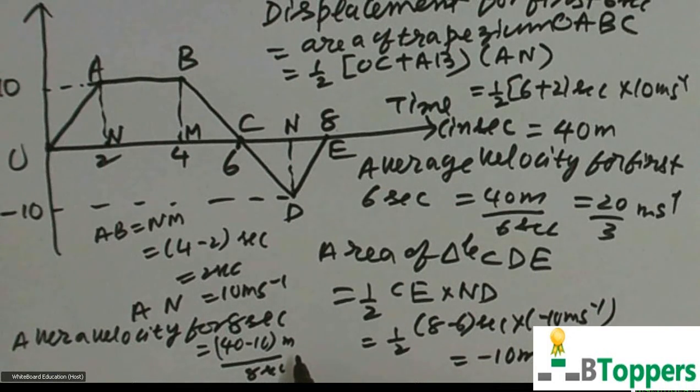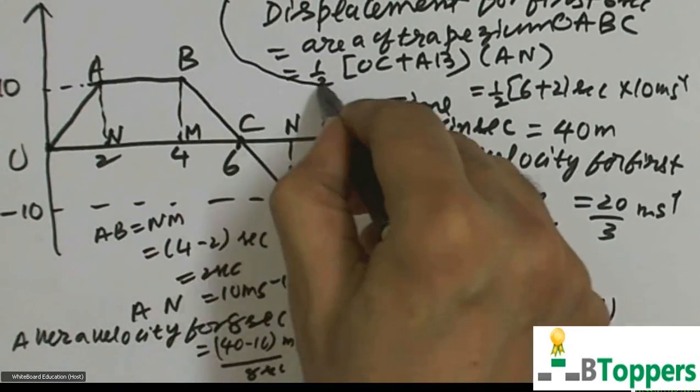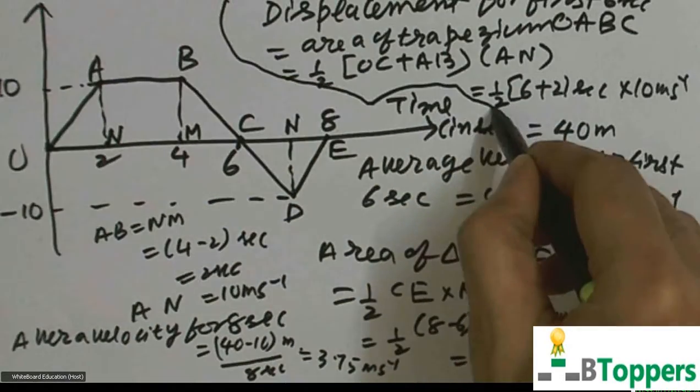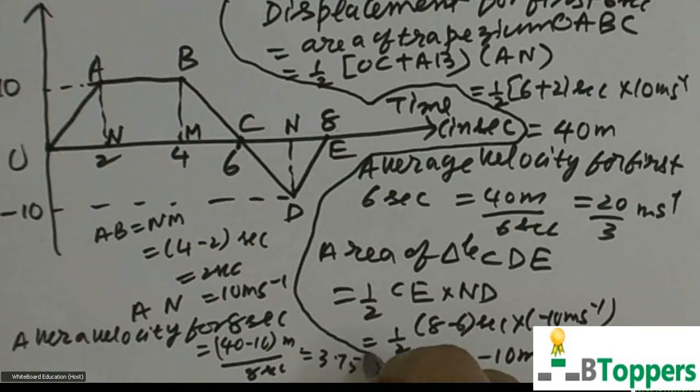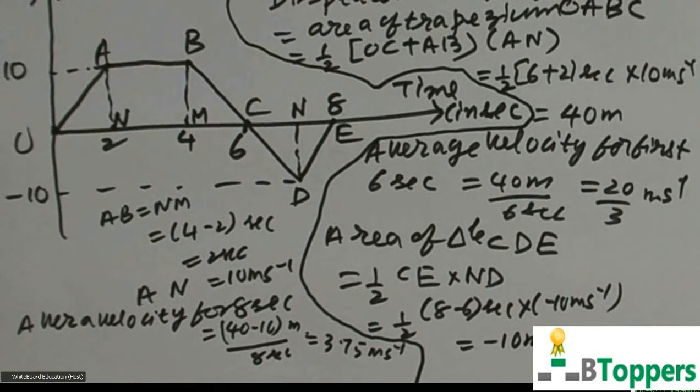That will be 30 by 8, or 15 by 4, 3.75 meter per second will be the average velocity for first 8 seconds.